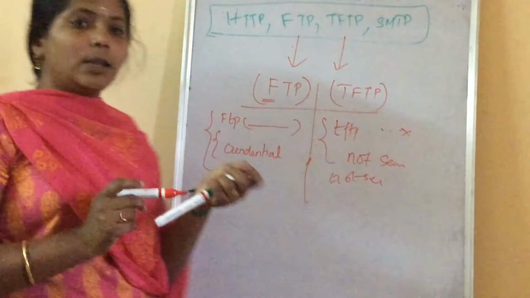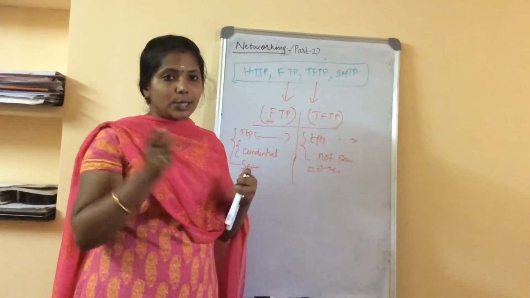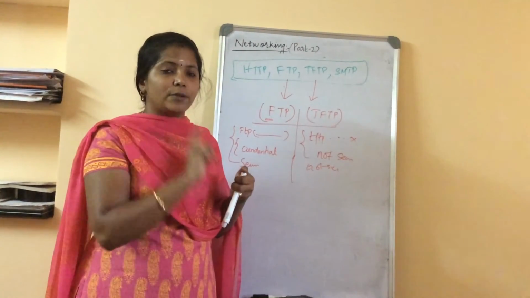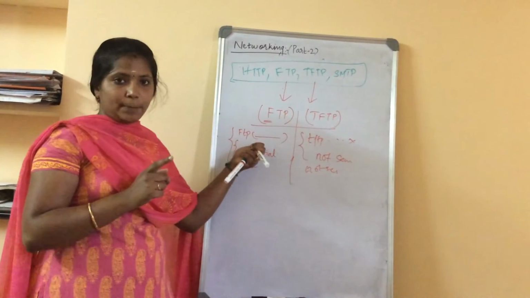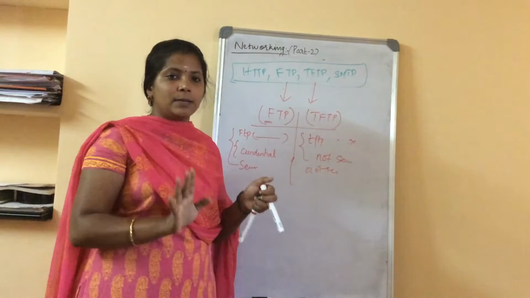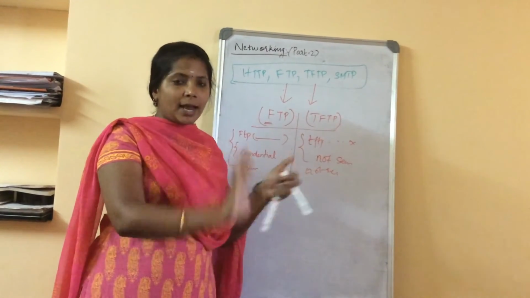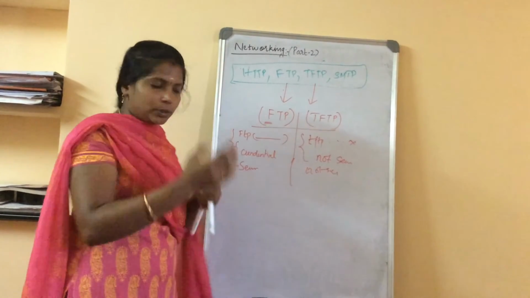There will definitely be one question: which protocol is a secured protocol to transfer a file from one location to another? That means FTP. Without security, TFTP. This is the main difference between FTP and TFTP. You don't need to get confused in depth.